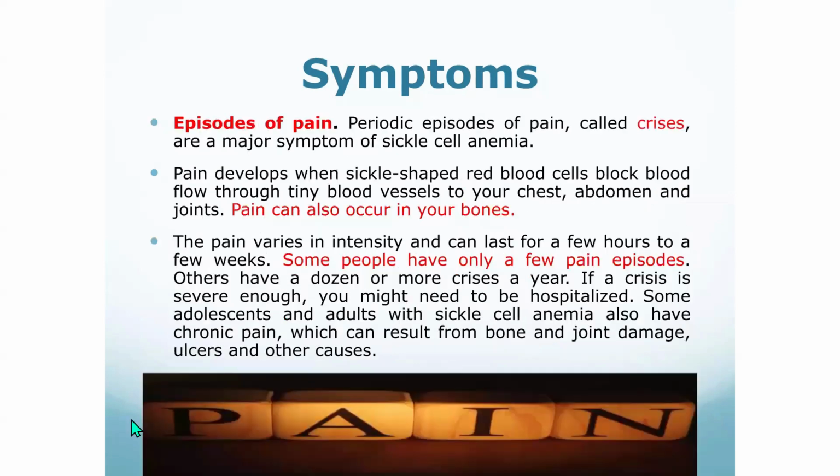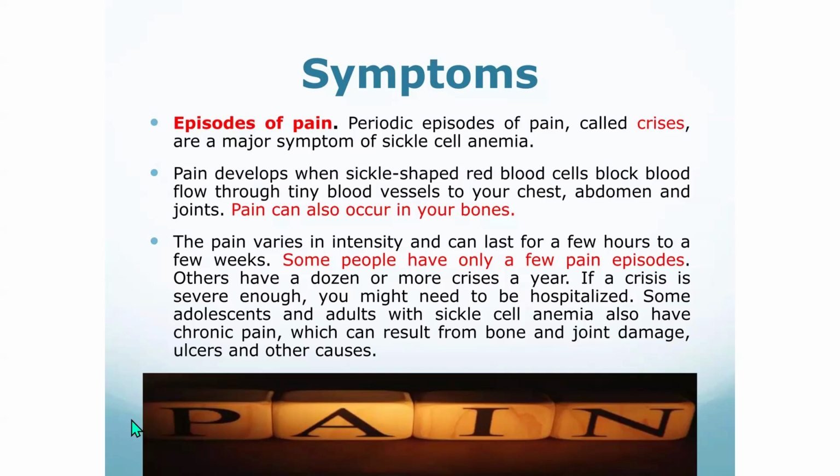Then another symptom is the episode of pain, the periodic episodes of pain called crisis, which are a major symptom of sickle cell anemia. Pain develops when sickle cell red blood cells block blood flow through tiny blood vessels to your chest, abdomen, and joints.